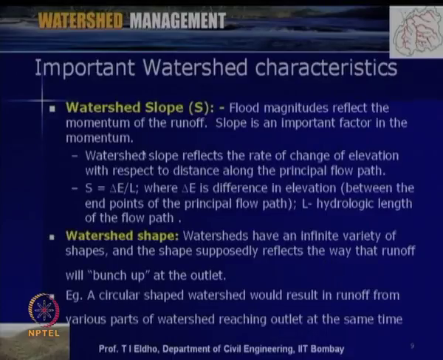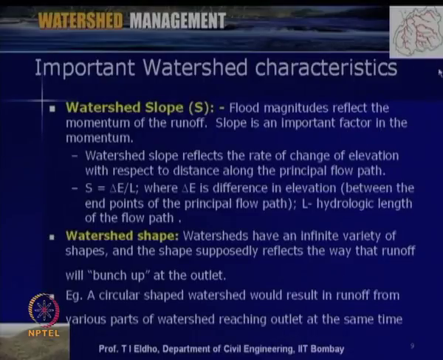Then some other important parameters, like watershed slope. According to the slope, when the precipitation takes place, the runoff will evolve according to the watershed slope. The flood magnitudes reflect the momentum of the runoff, so slope is an important factor in the momentum.